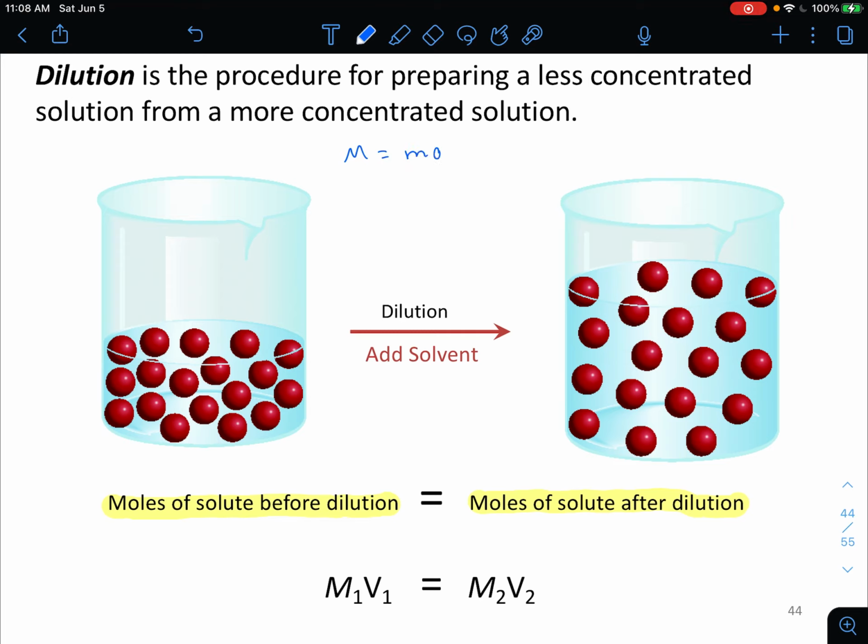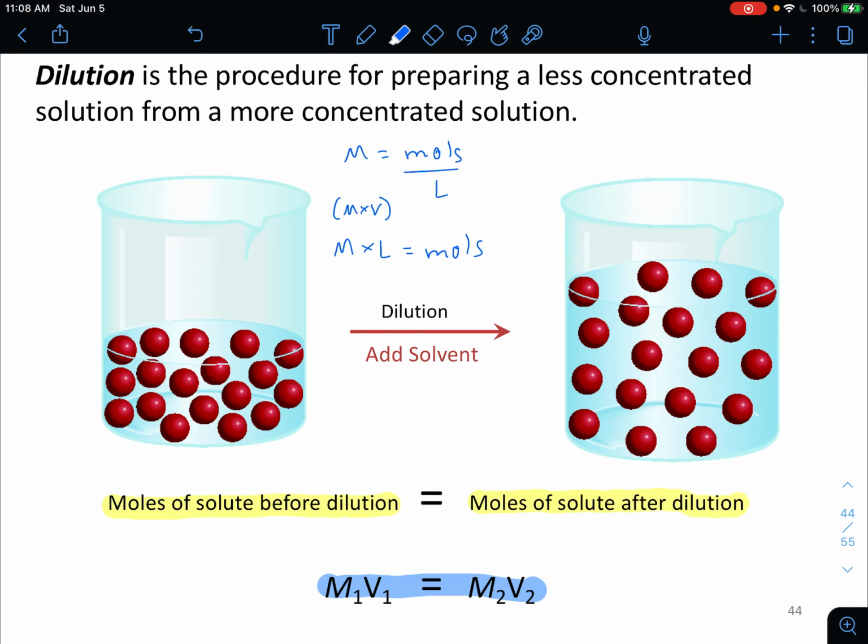And remember with our equation, molarity equals moles per liter. But then that means molarity times liters equals moles. Or in general, molarity times volume equals moles. So this equation down below can get written a couple of different ways. I usually write it as M1V1 equals M2V2.